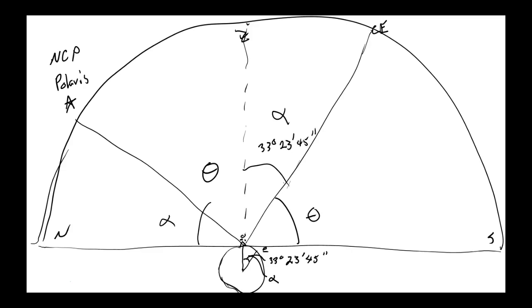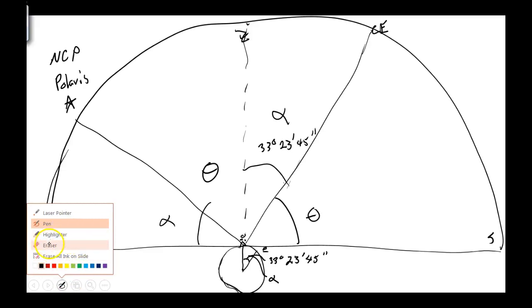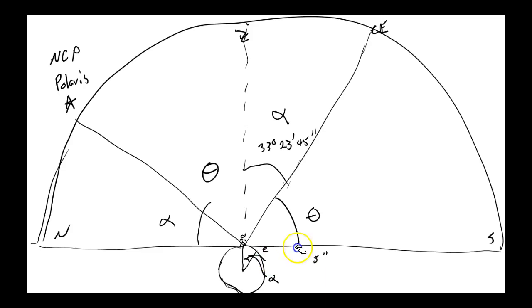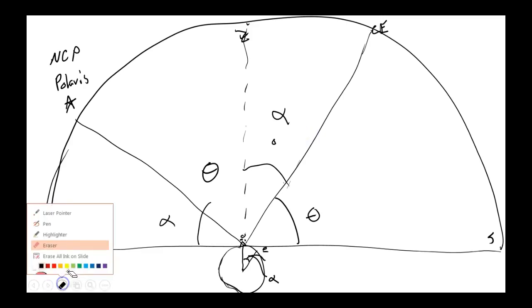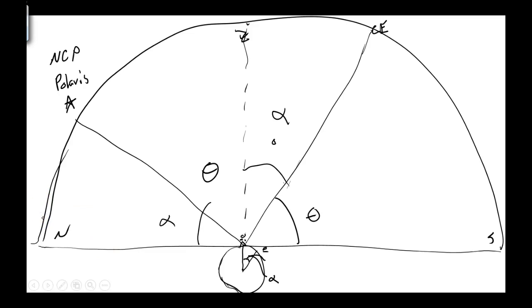Now, let's take our measurements off of here, because the next question, question 2 on page 361. If the celestial pole makes an angle of 40 degrees over the northern horizon, so this is going to be 40 degrees, north celestial pole, 40 degrees above the northern horizon.